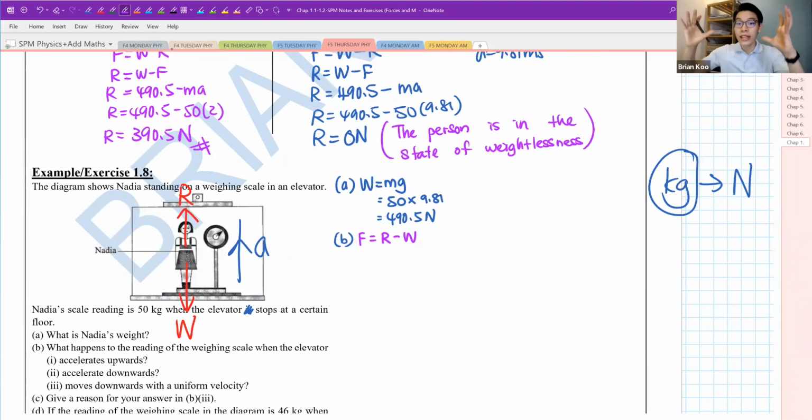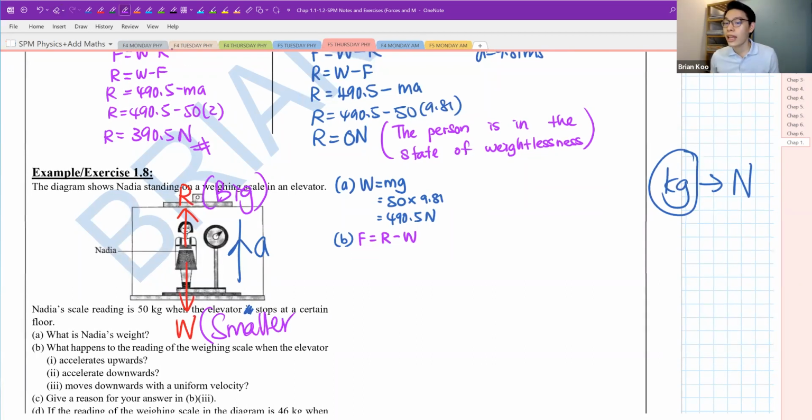If you are accelerating upwards, meaning the force pulling you up is stronger. The R is stronger. That's why only you can accelerate upwards. So the stronger force is always where it is accelerating towards. It can accelerate because R is stronger, it's pulling up stronger. So I take the bigger force minus the smaller force. That's how you find out the resultant force.